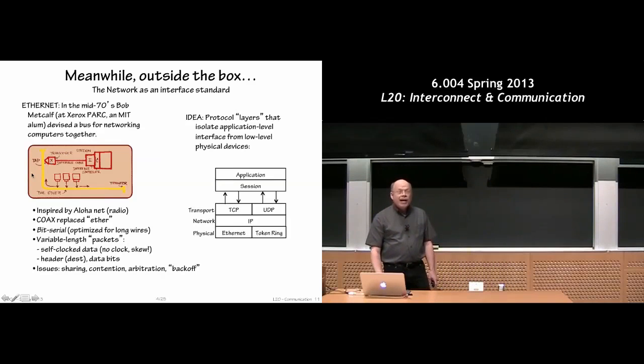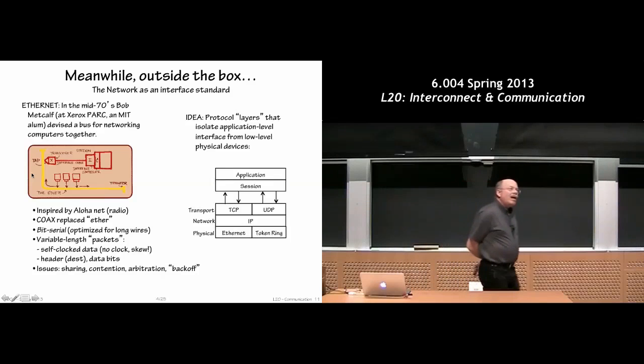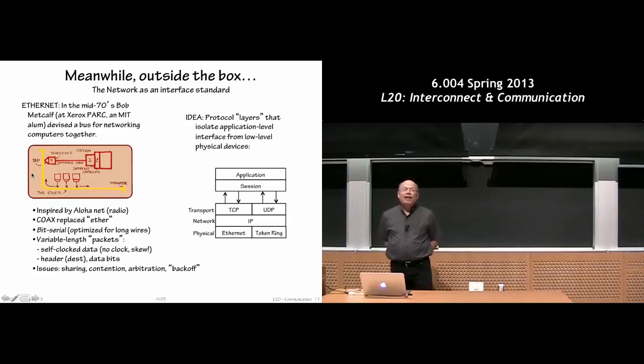So this notion of how to create a network, which on some level has the same job as the bus, started dealing with these issues of transmitting information reliably over distances to many participants.